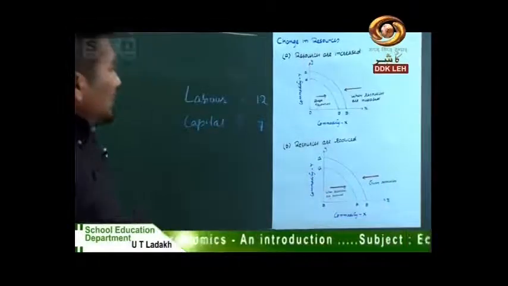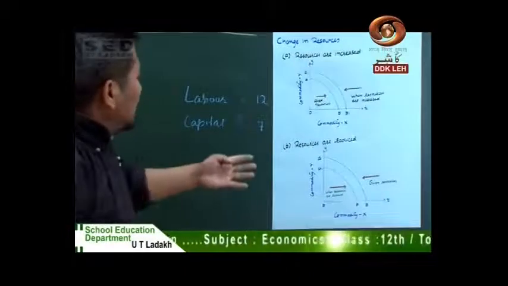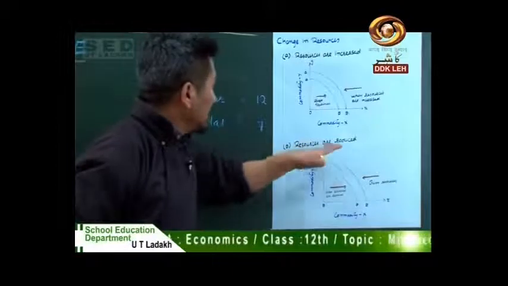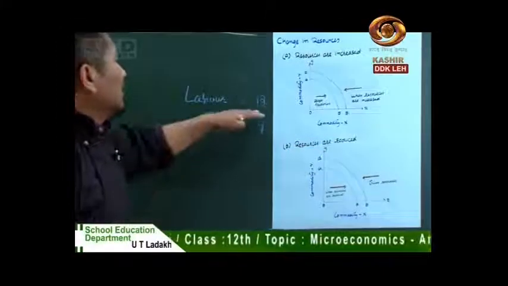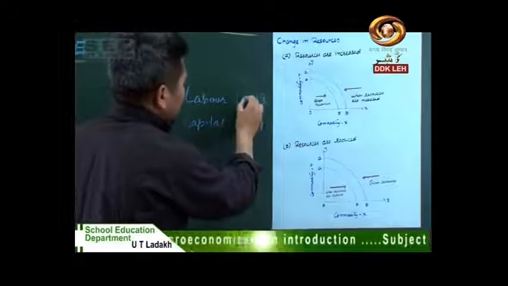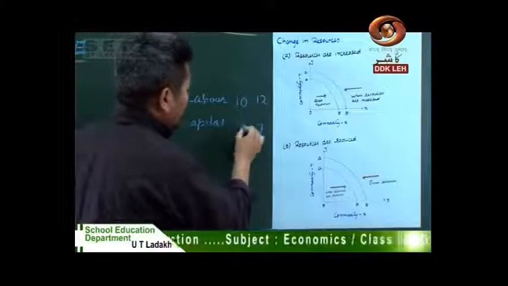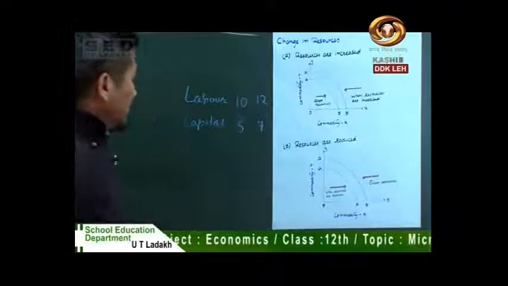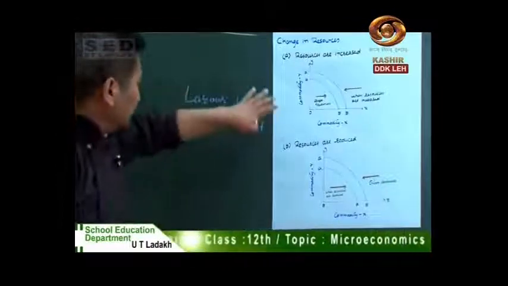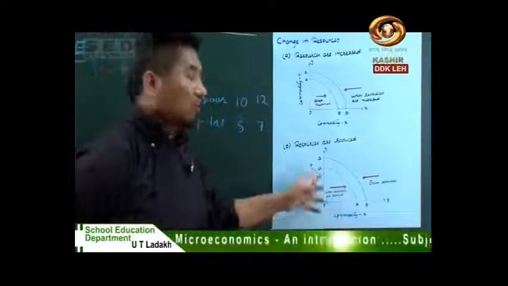Now due to certain circumstances there is a decrease in the resources. Say labor got decreased from 12 to 10. Again capital is decreased from 7 to 5. So this reduction in the resources will have impact on production of both the commodities.